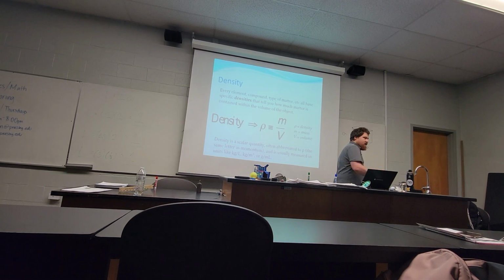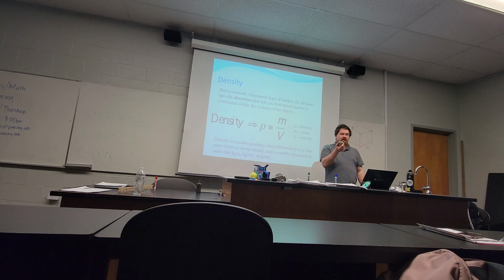So this lump of iron, for example, there is a certain amount of iron atoms physically jammed into this cylinder, and the density of that iron is its mass over its volume. So density is the stuff contained within the 3-dimensional space of the item.